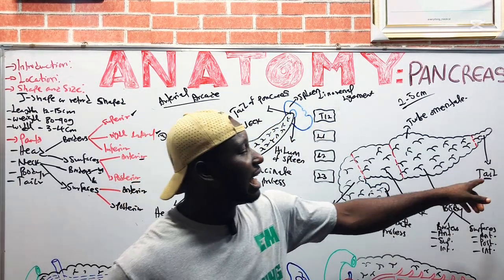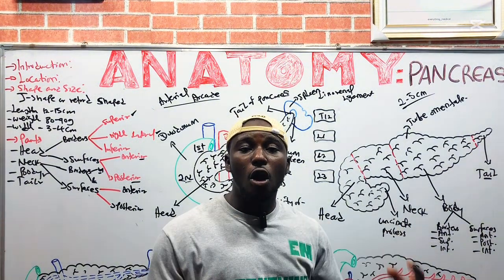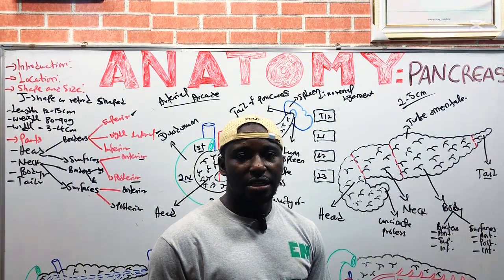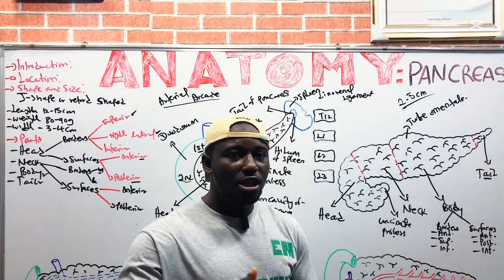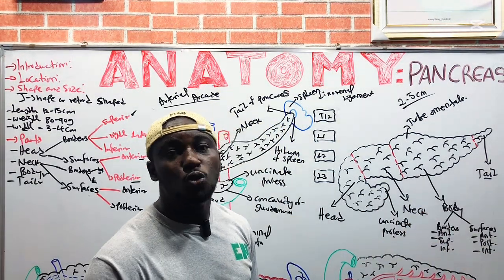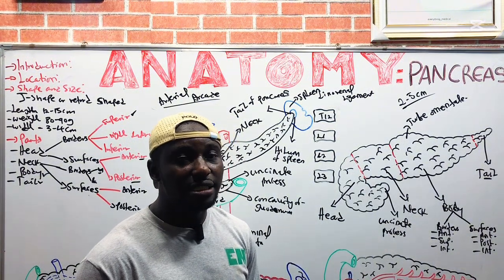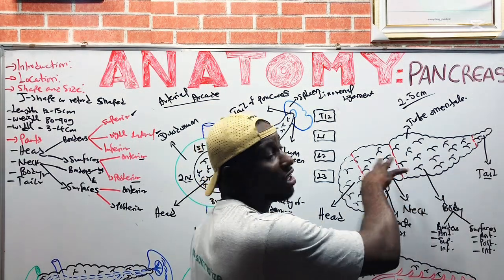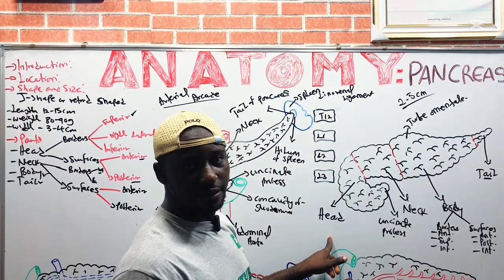Recall that the tail of the pancreas is made up of a bulk of the islets of Langerhans in the tissue of the pancreas compared to other parts. That is to say, you have more bulk of islets of Langerhans in the tail of the pancreas compared to the other parts, which are the body, the neck, and the head.